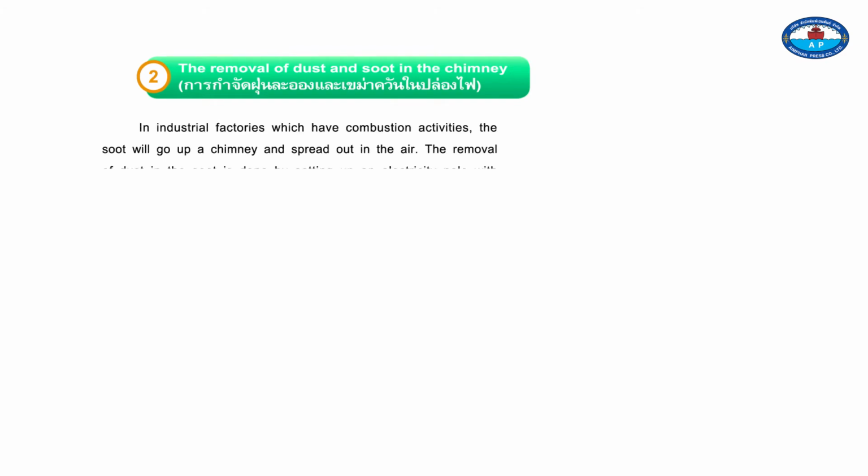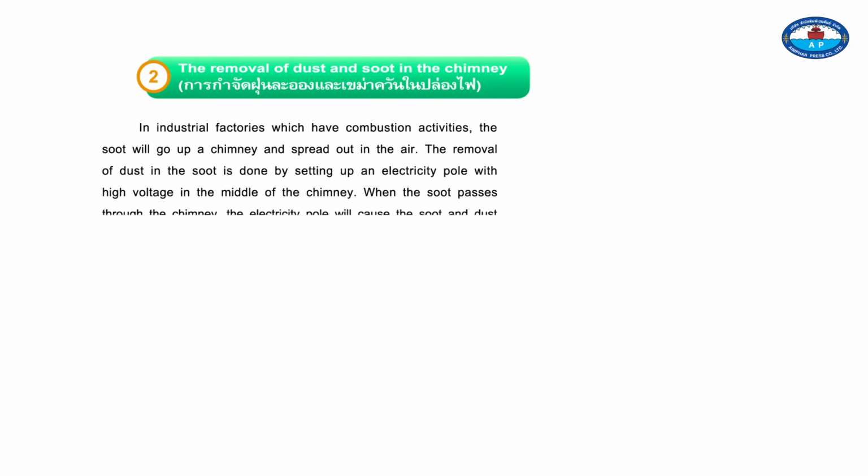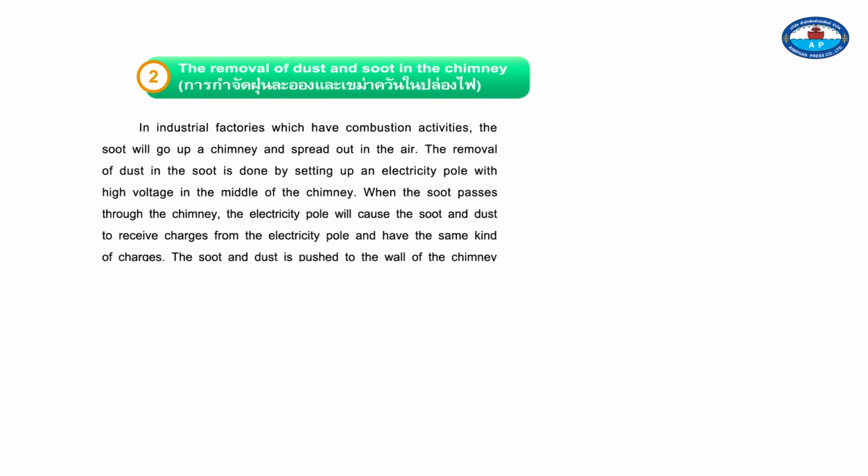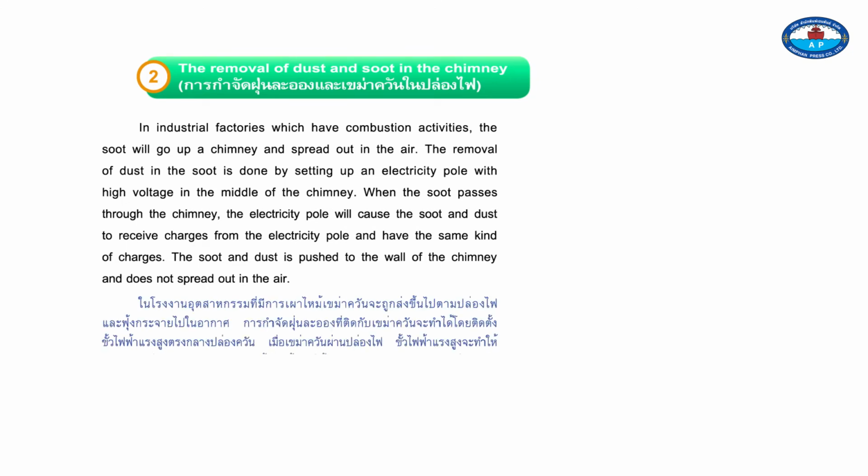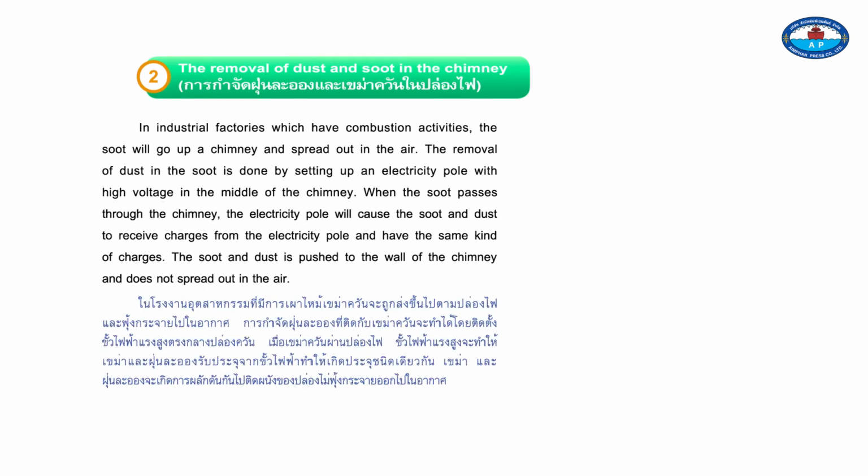2. The removal of dust and soot in the chimney. In industrial factories, which have combustion activities, the soot will go up a chimney and spread out in the air. The removal of dust in the soot is done by setting up an electricity pole with high voltage in the middle of the chimney.